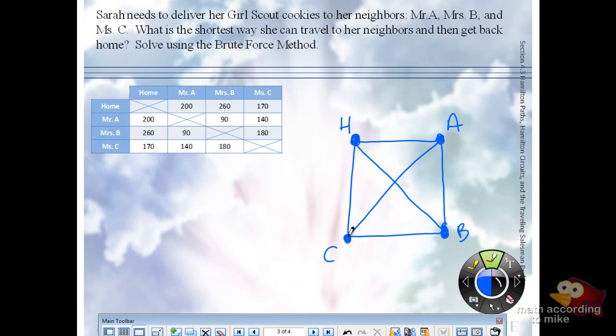What is the distance from house to Mr. A? 200, so we put that along that edge. House to Mrs. B? 260. Make sure it's obvious on that edge. House to Ms. C? 170.